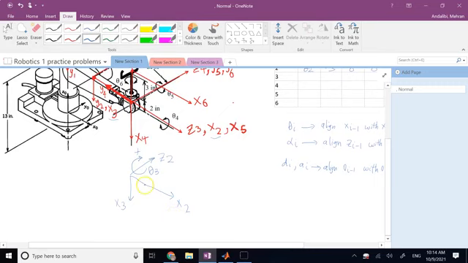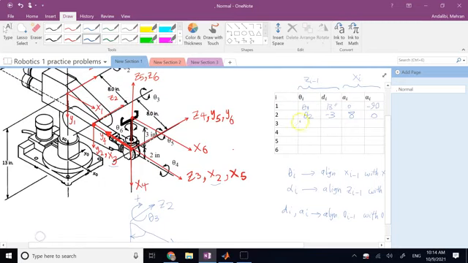How much is the rotation? That's 90 degrees. And this direction of 90 degrees matches the direction of theta, right? So before I do any theta, I need the 90 degrees to align, then I can apply theta 3. So the total angle is going to be theta 3 plus 90 degrees.